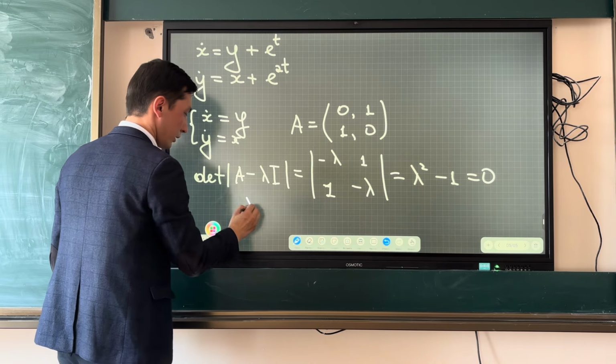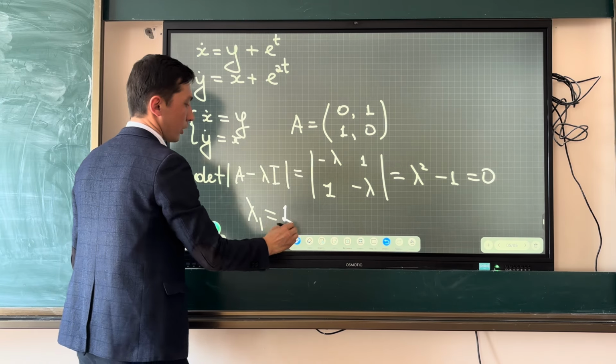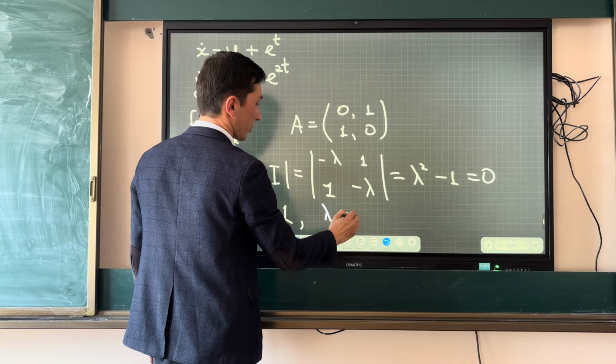And here, I have lambda 1 equals 1 and the other lambda 2 equals minus 1.